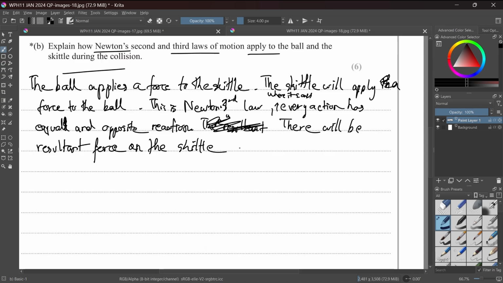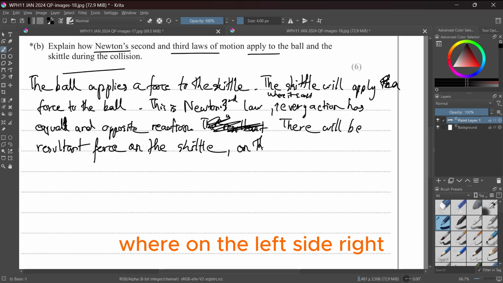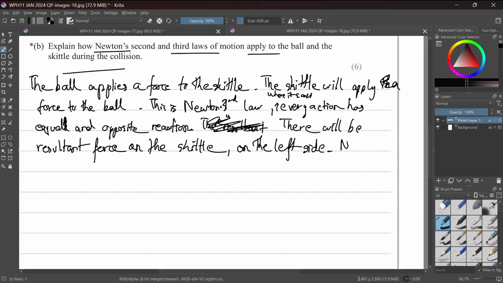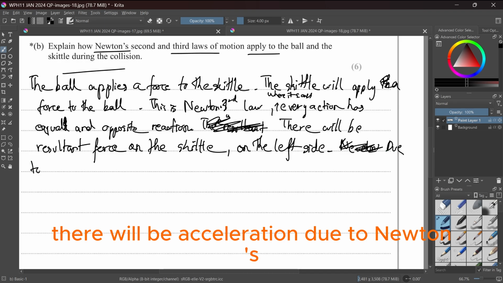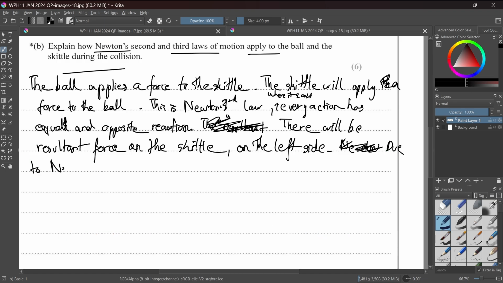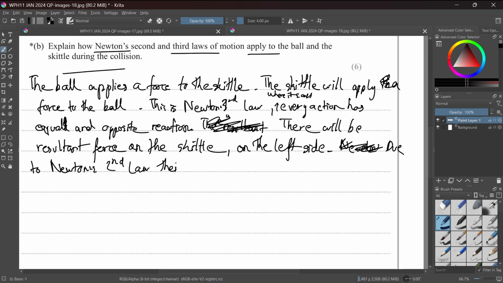Okay, so there will be a resultant force on the skittle on the left side, right? Due to Newton's second law, there will be acceleration.